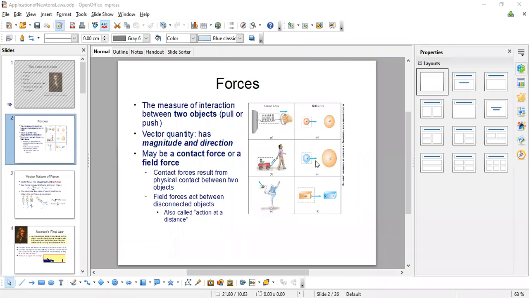And then the charge between two objects and attraction. So that is action at a distance force. Okay, so the torque is contact forces, and you have magnetism. So this is non-contact or action at a distance force.